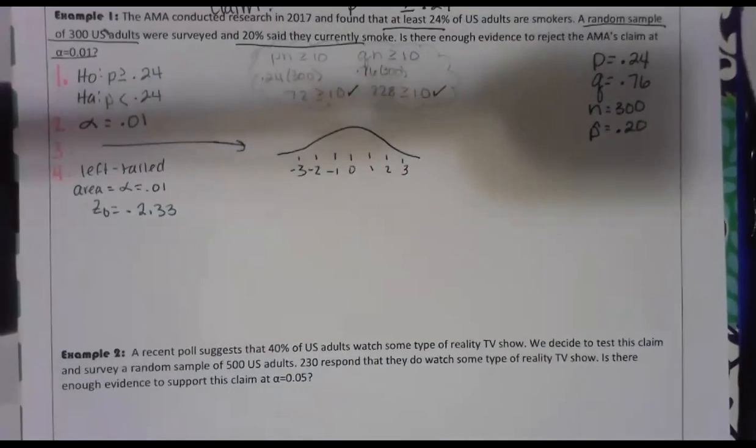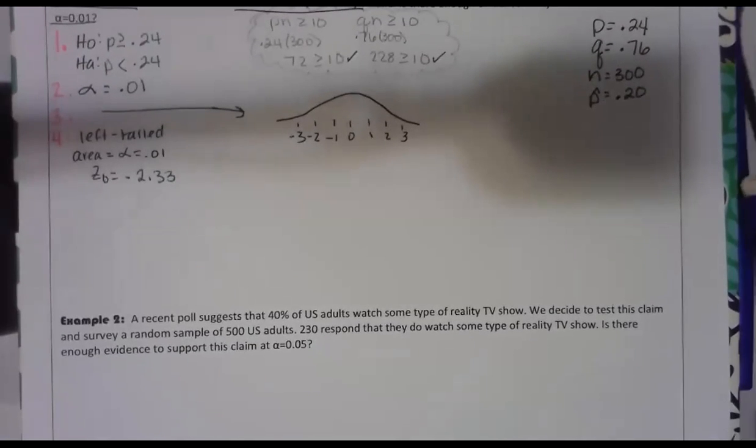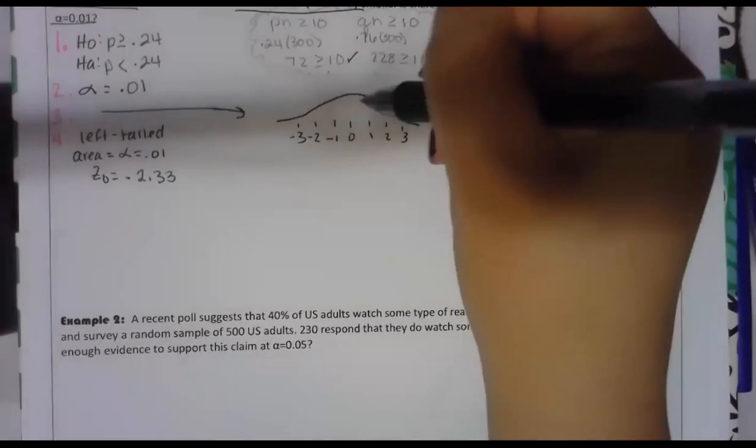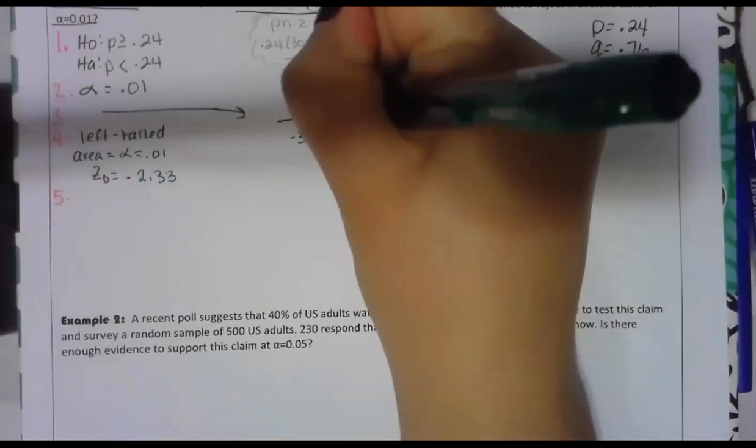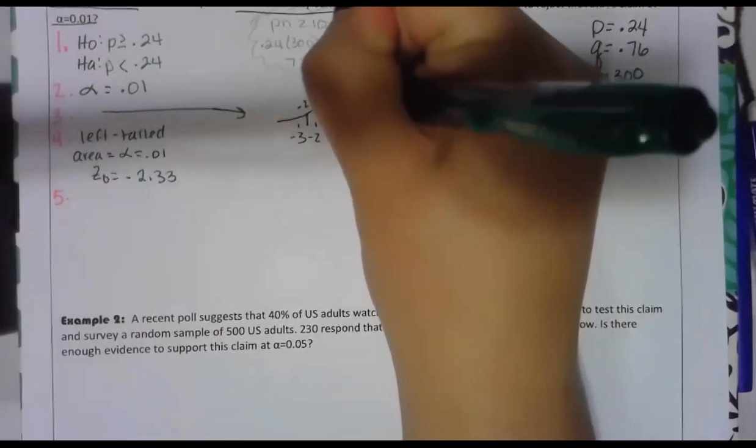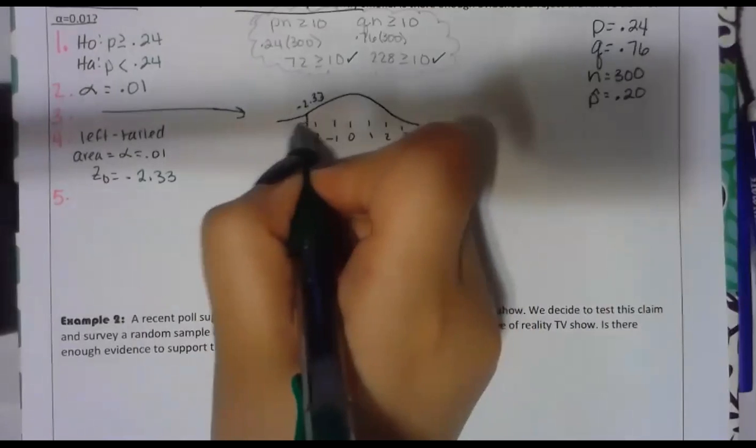And then, oh shoot. Going back here. All right, okay, and then going here, we're going to come to our distribution because step 5 is to shade your distribution area. So you need to do that by finding about where negative 2.33 is. And because this is a left-tailed test, you're going to shade to the left of it.